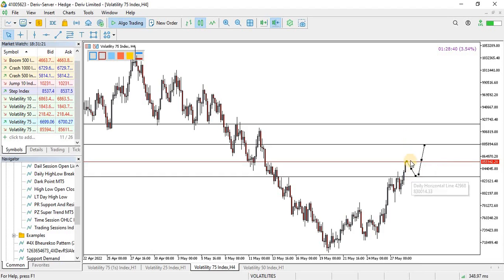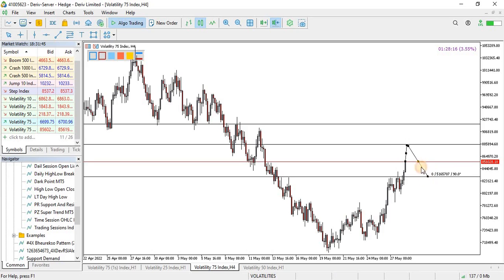But the market can just continue pushing bullish. If the market continues pushing all the way, then what we should expect is the market coming all the way here, retesting and bouncing off that to the downside.